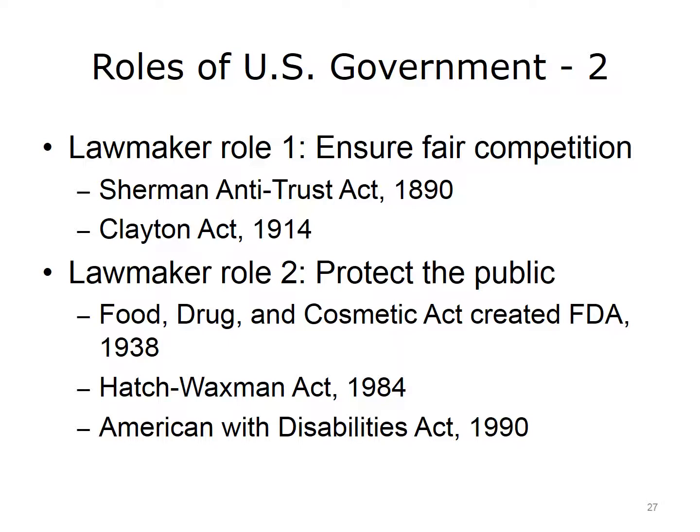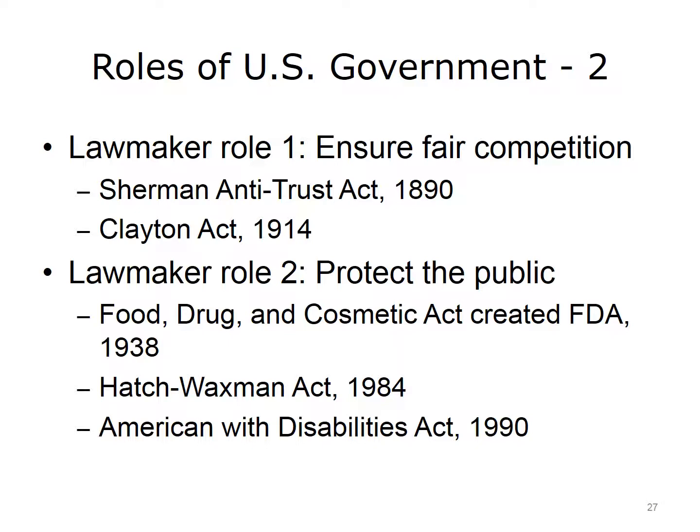The second objective for the government in passing laws is to protect and serve the public. An excellent example in healthcare is the Federal Food, Drug, and Cosmetic Act, passed by Congress in 1938, which created the Food and Drug Administration, or FDA. The role of the FDA is to protect and promote public health.